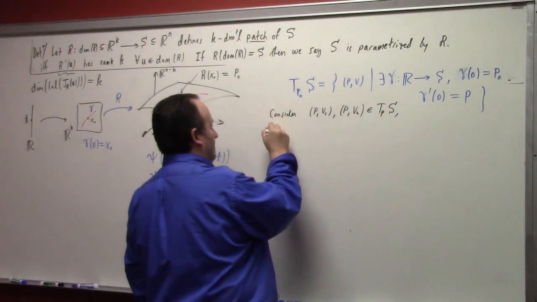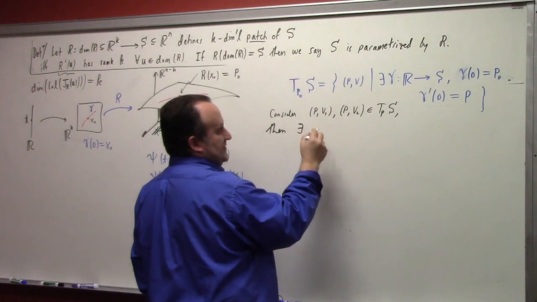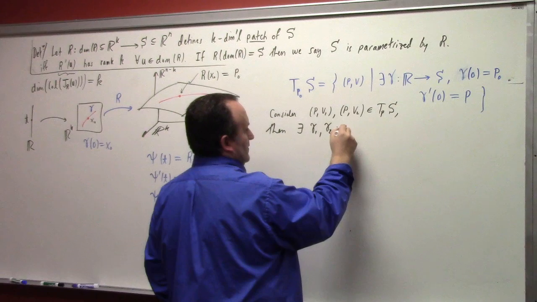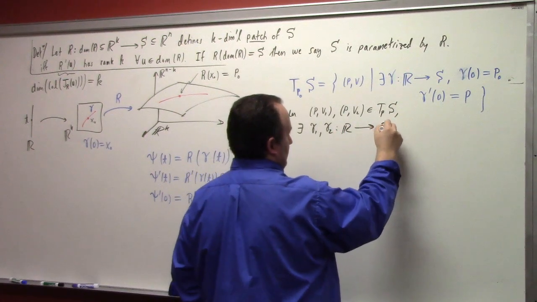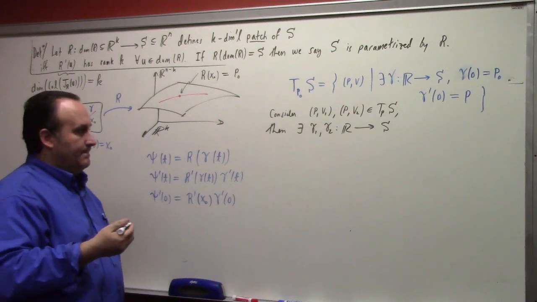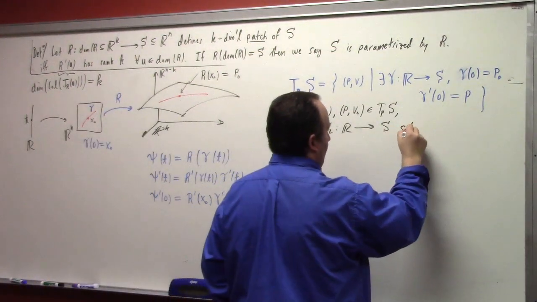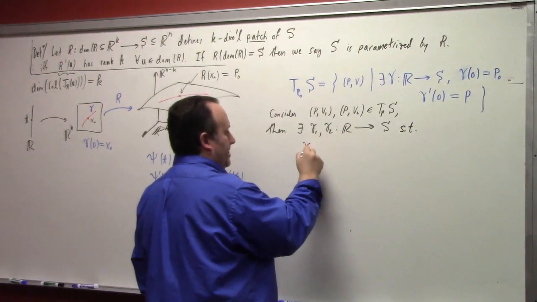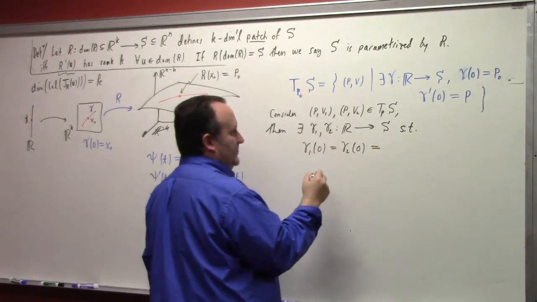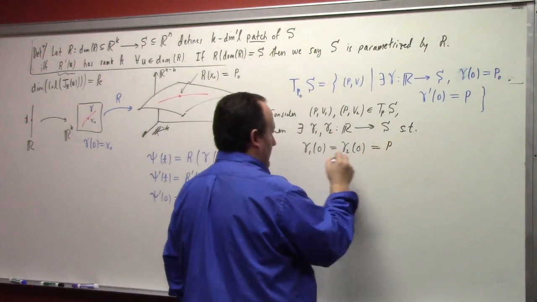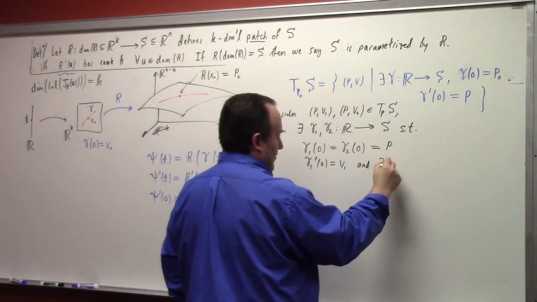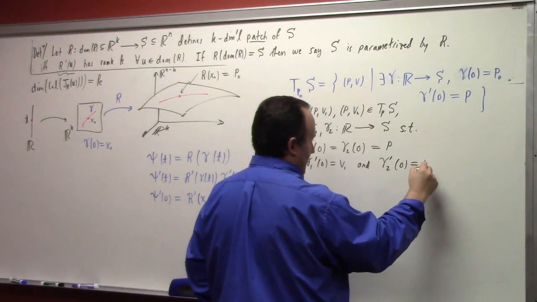Then there exists gamma 1 and gamma 2 from the reals to the parametrized surface we're considering, such that gamma 1 of 0 and gamma 2 of 0 equal p, and also gamma 1 prime of 0 is v1, and gamma 2 prime of 0 is v2, right?